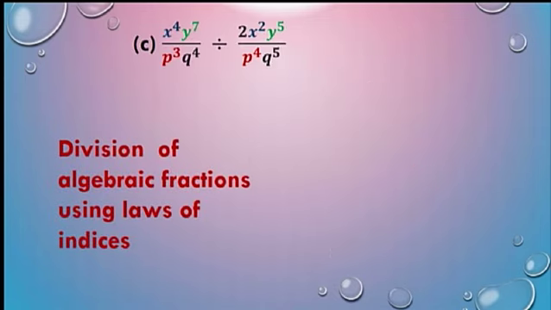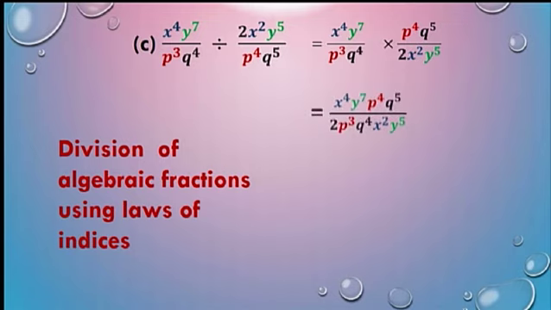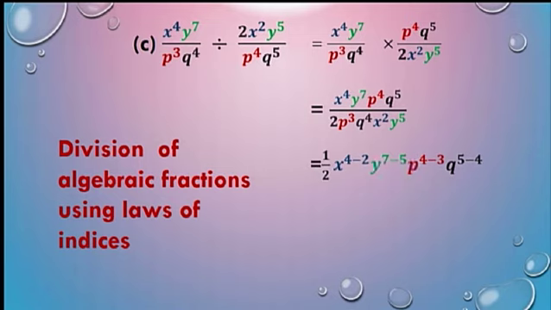One more example on division of algebraic fractions using laws of indices. We're going to write the first fraction, then change the division into multiplication by taking the reciprocal of the second fraction. If there is no multiplication law, we use the division law.